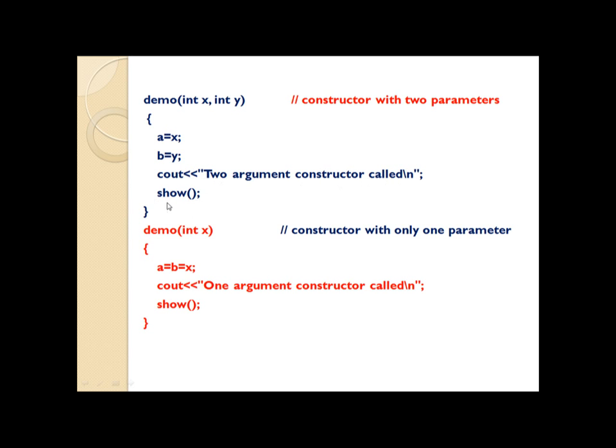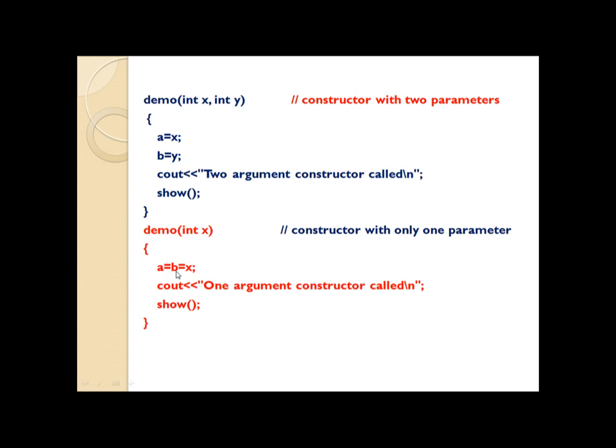Then again we are using this show function, so it will display the values of a and b. The last constructor which we have written is the one parameter constructor.